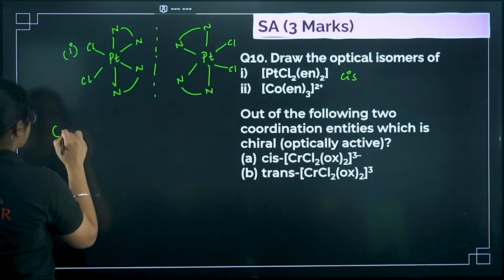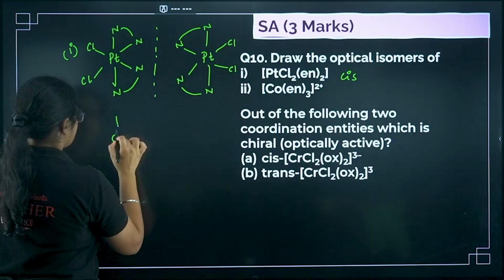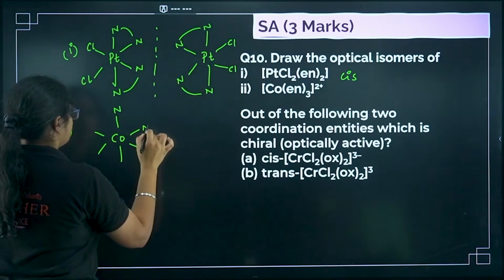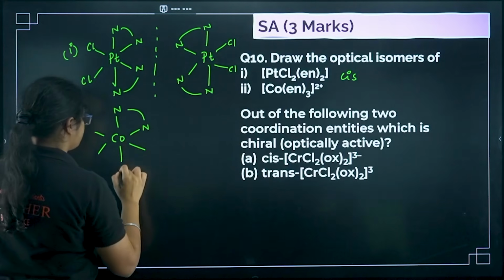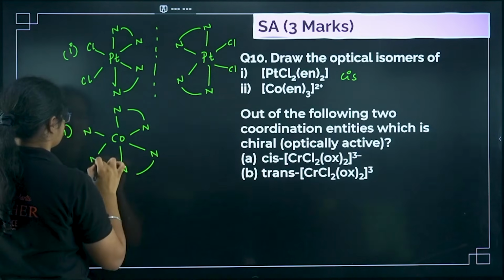Now coming to the second one, we have Co(en)3. So we have it like this, this one group is present, this one group is present, and this one is present.